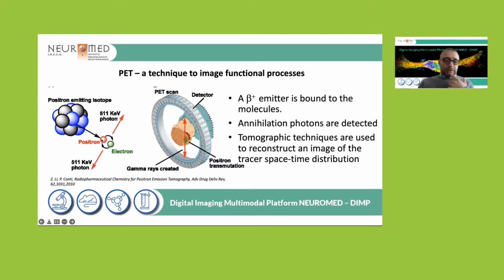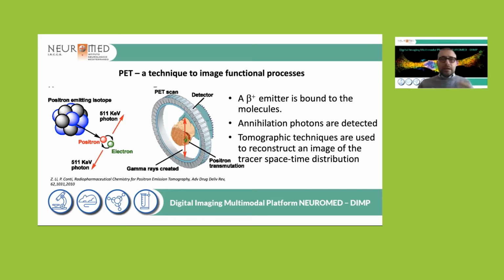When these isotopes emit positrons, the positron annihilates with electrons within the body and emits two gamma rays with a clear energy, 511 keV. These isotopes bound to specific molecules bind into the places where we are trying to investigate, and the emission of these gamma rays is detected with a ring of detectors all around.